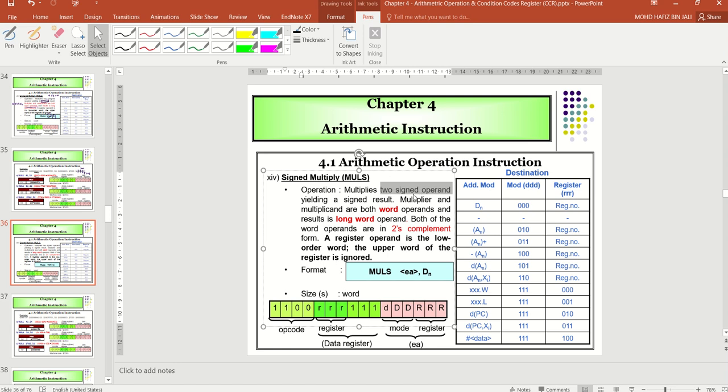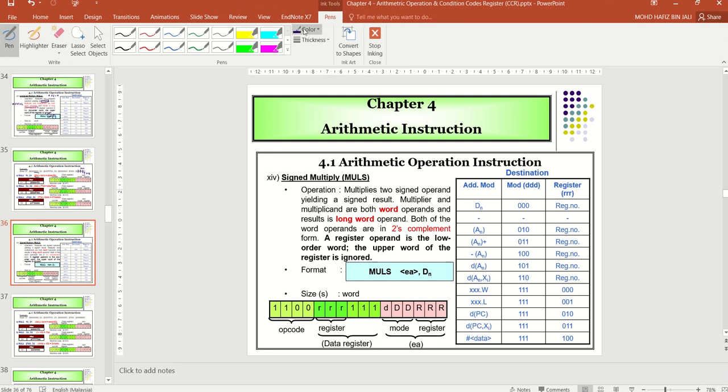So what does this statement mean? Signed means it is similar to what you have learned in basic math. Negative times negative, we will get a positive value. Positive times positive, we will get a positive value. Negative multiplied with positive, we will get a negative value.